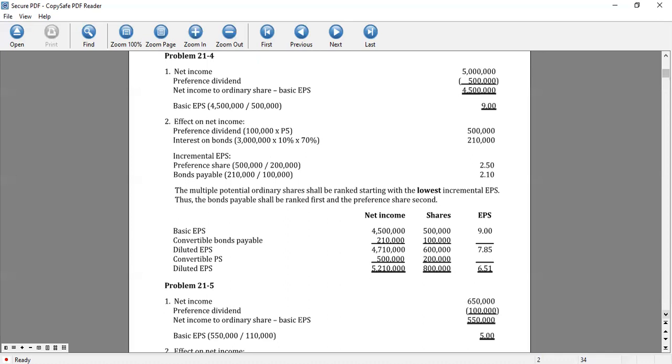Then the interest on bonds payable, the bonds payable is 3 million, the interest thereon is 10 percent, so we have 300,000 multiplied by 70%. Now that is 100% minus the tax of 30%. So we have 70% for the interest on bonds.